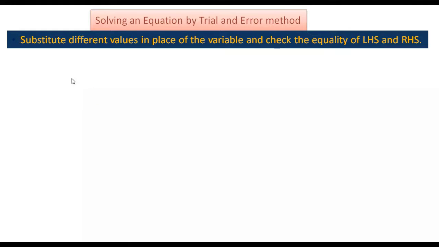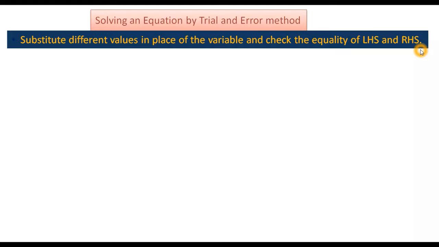Now, what happens in this? We need to substitute different values in place of the variable and check the equality of the left hand side and the right hand side. That means the value we need to find, we need to solve an equation. Basically, we are finding the solution of an equation.